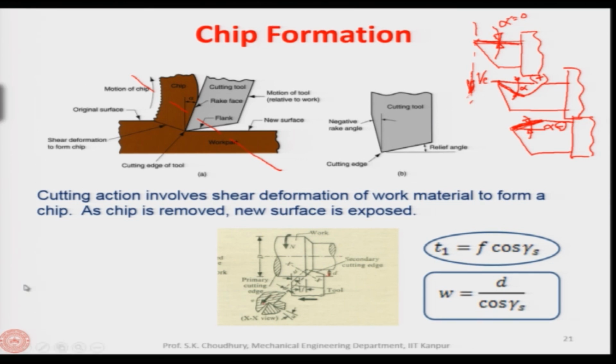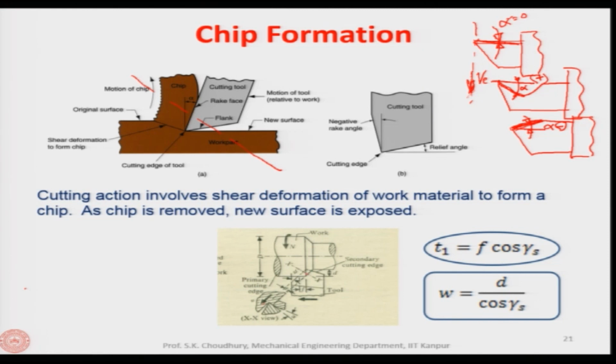Here it has not been shown, but this is the width of cut. I will show you the width. This is the width. Okay. This is the width of cut. So, this width of cut can be expressed as d, the depth of cut, divided by cos gamma s. Let me show you what that is.